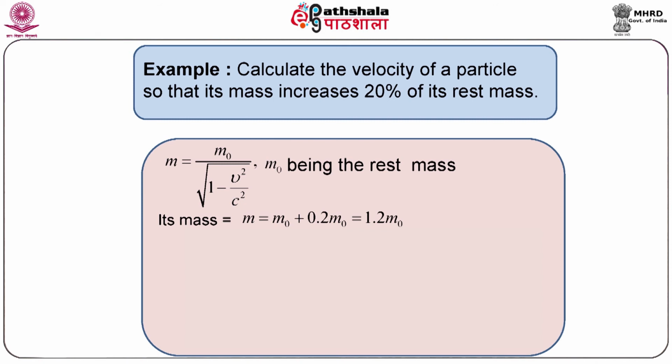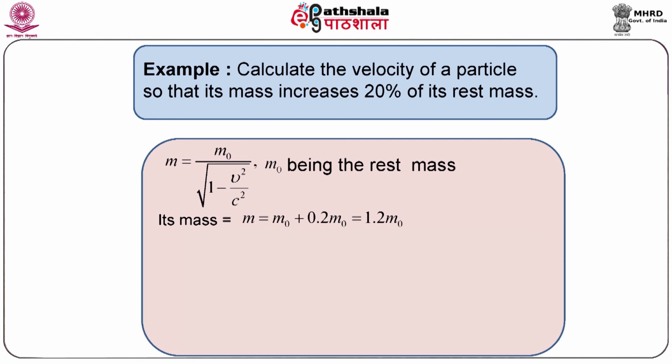Here m0 is the rest mass, that is the mass in the frame S dash, which is moving with respect to fixed frame S with a velocity small v in the direction of common x axis. M is the mass of the same object in fixed frame S. C is the speed of light.